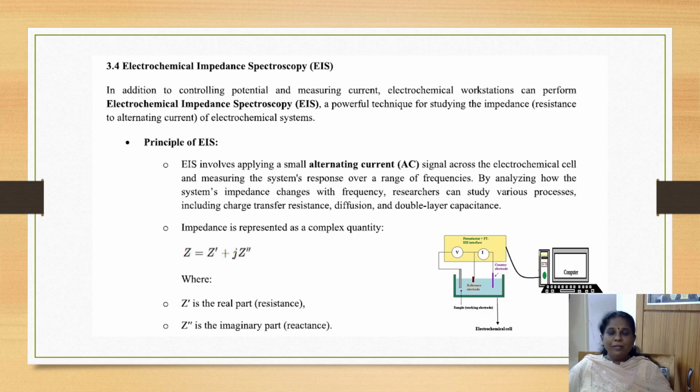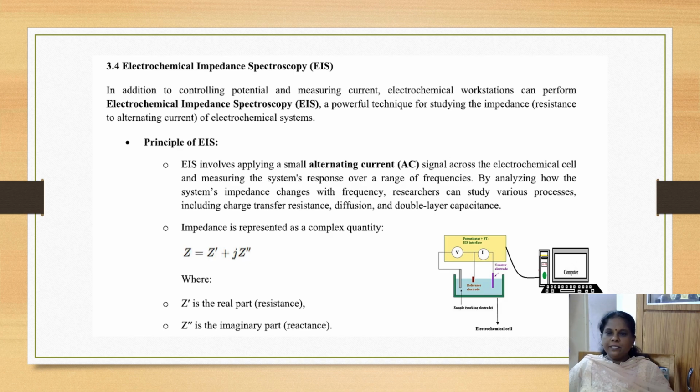The electrochemical workstation also consists of electrochemical impedance spectroscopy. It is a main tool for researchers working in the field of electrochemistry, and it is a powerful technique for studying the impedance, that is, the resistance to an alternating current of electrochemical systems.